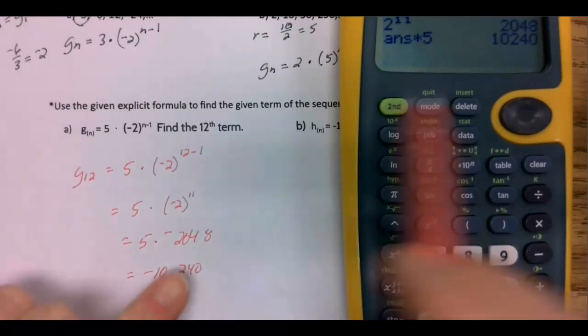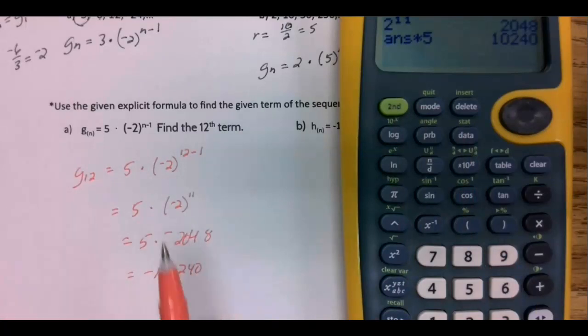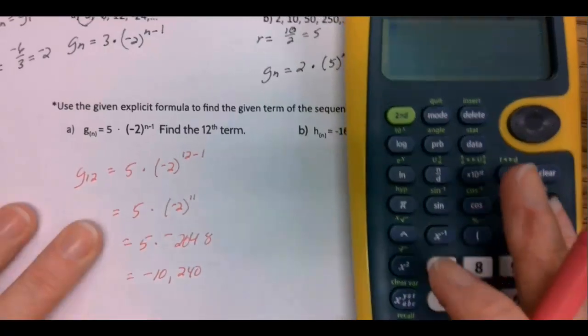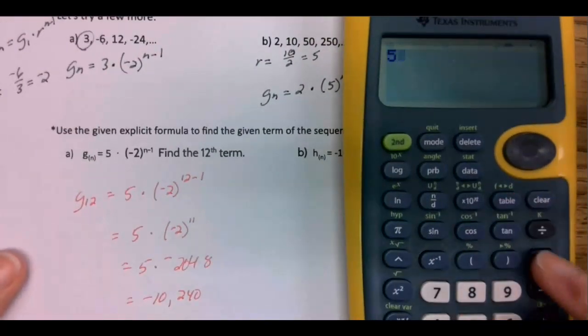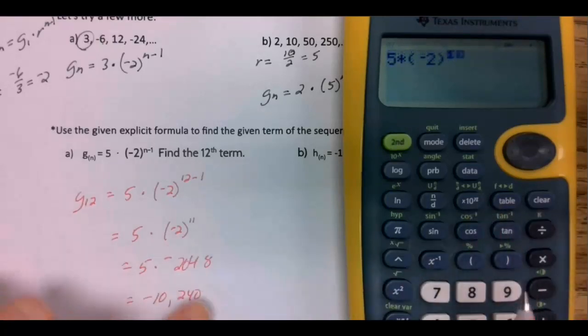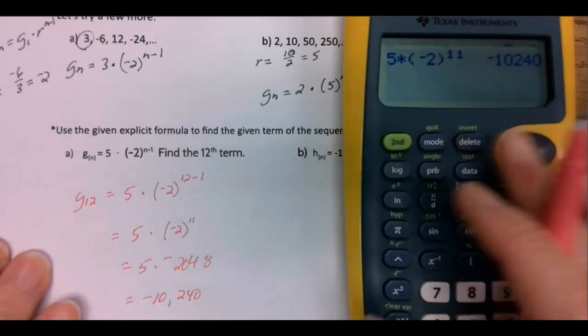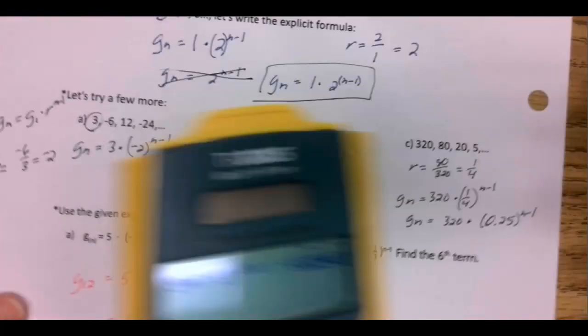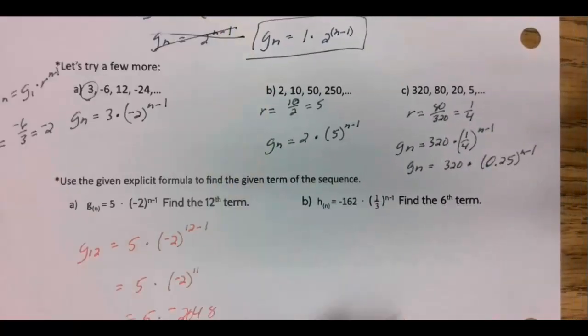Now, if I didn't figure it out ahead of time, you can actually do the whole thing all at once: 5 times parentheses, negative 2, parentheses, to the power of 11, negative 10,240. These calculators are smart enough that you can do that. I didn't grow up on those.